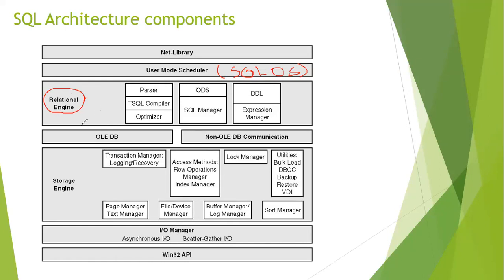In the relational engine we have different components. One is the parser, the main thing. The second one is the query optimizer. These two are the main ones. Then there is ODS, open data services.